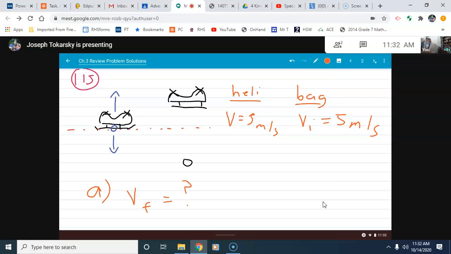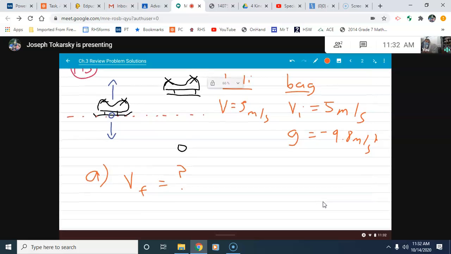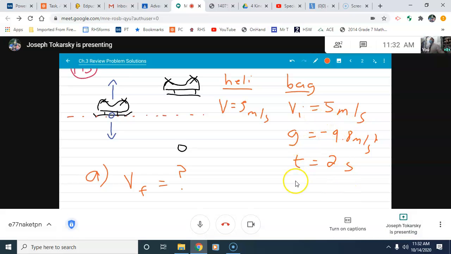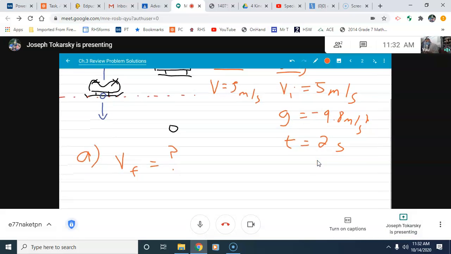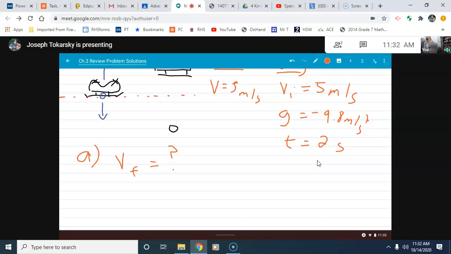Now, it was dropped, so we could say that the bag is in free fall, so G is negative 9.8, right? And we know the T is 2 seconds. So we've got enough to find VF using all that. Make sense? So we will use the first equation.